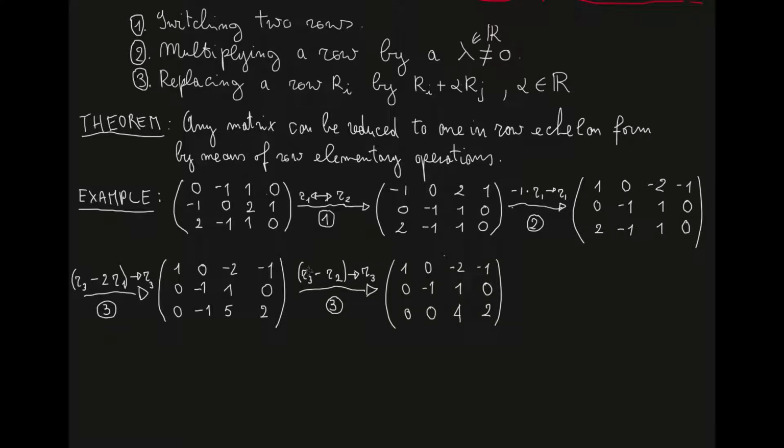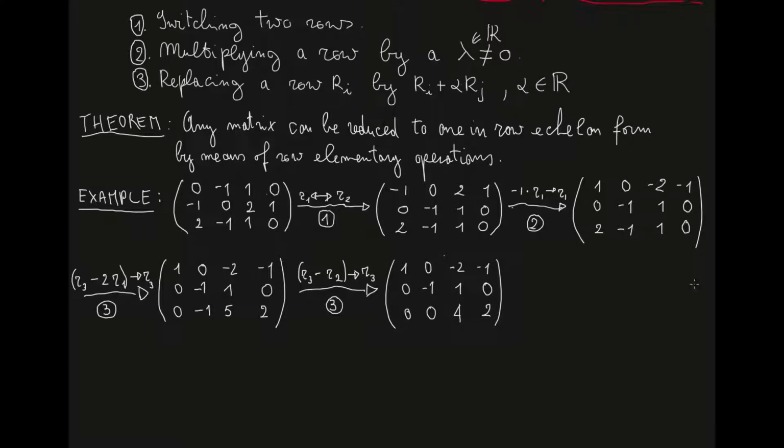So we take the third row, we sum a coefficient times the second row, and the coefficient is -1, so R3 minus R2, and we will be placing this new vector in the place of R3. Okay, so let's see, we have -1 minus -1 is 0, then we have 5 minus 1, which is 4, and then we have 2 minus 0, which is 2.